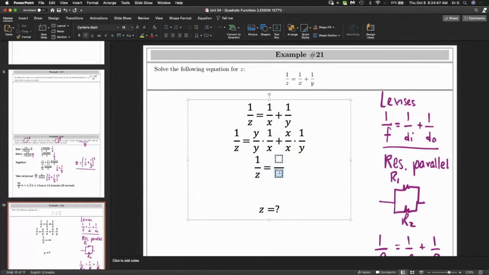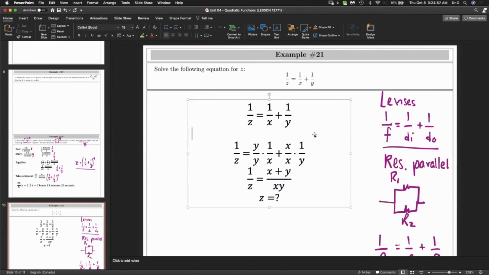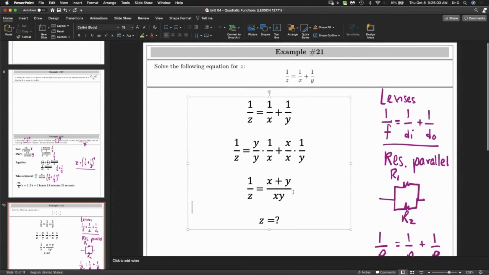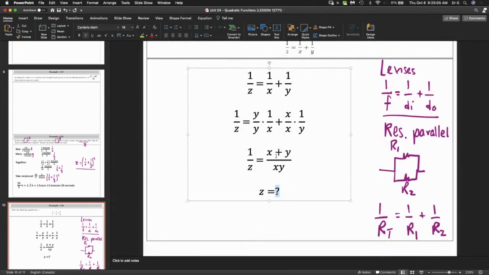You get (x plus y) over xy. And then if you want z, you just flip that. So z equals xy over (x plus y). That's the answer.